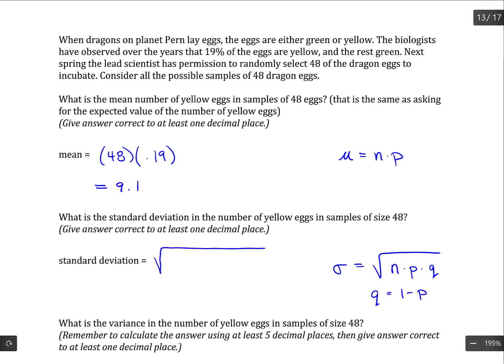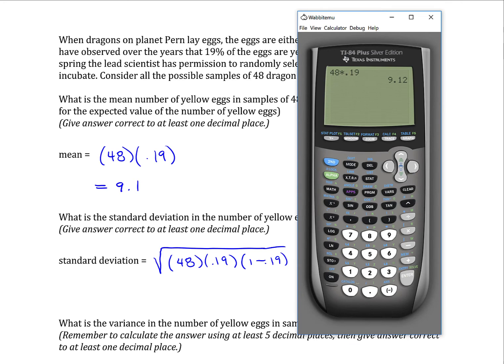So if I take the square root of n, which is 48, times p, which is 0.19, times q, which would be 1 minus 0.19, then that would give me the standard deviation. So let's try it out. First off, 1 minus 0.19 is 0.81.